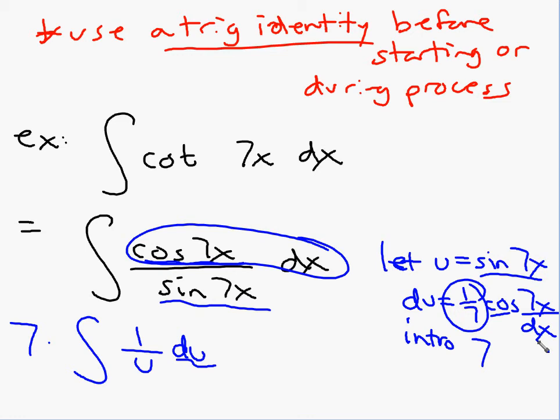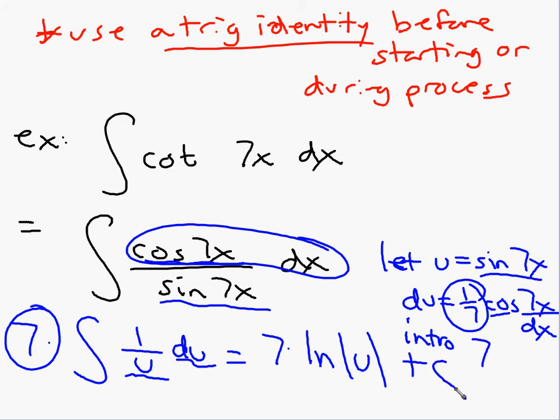Now, like I pointed out to you the other day, if you think backwards with an antiderivative, the derivative of natural log is 1 over u, so if I'm doing the antiderivative of 1 over u, it is the natural log of u, okay? And of course that needs to be positive, so we put an absolute value around it. It's still times 7, plus c.